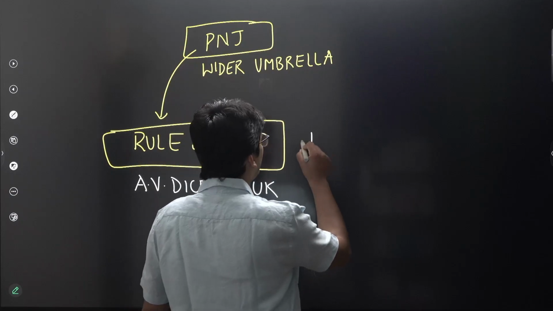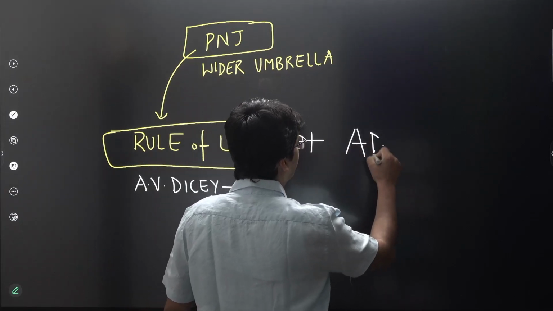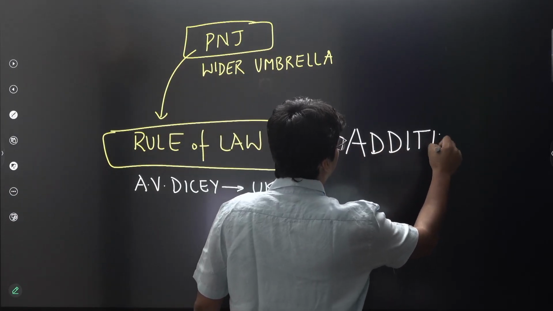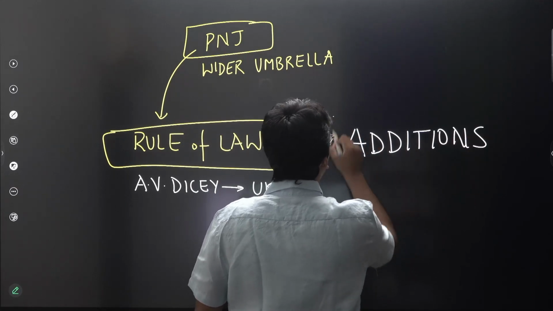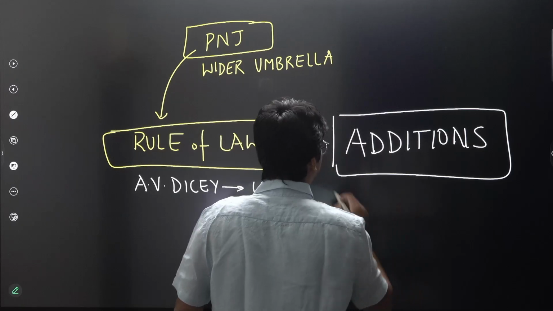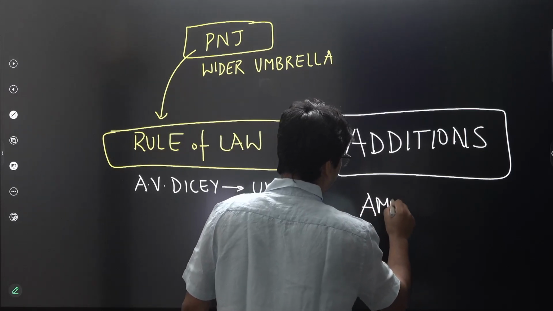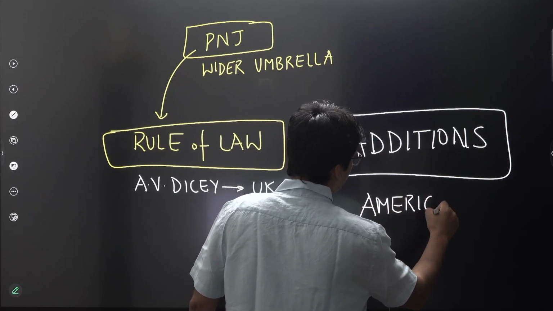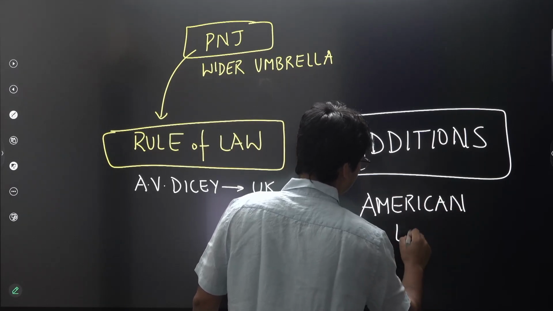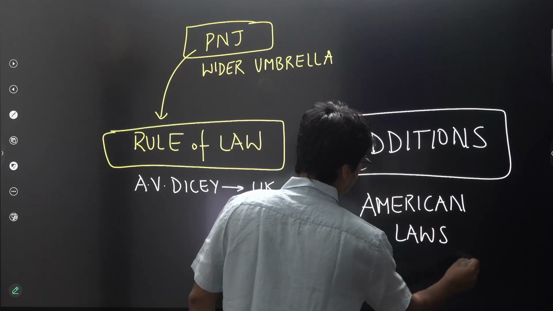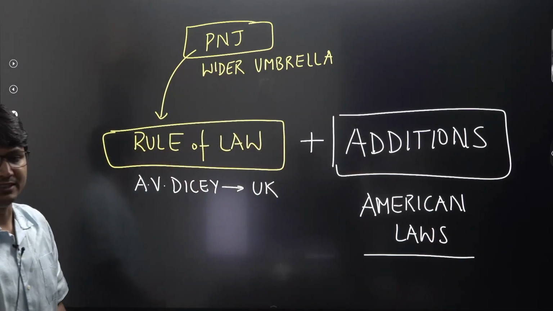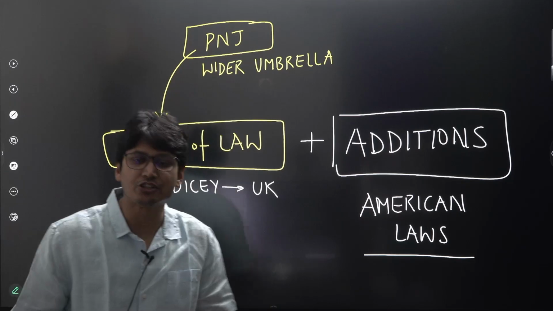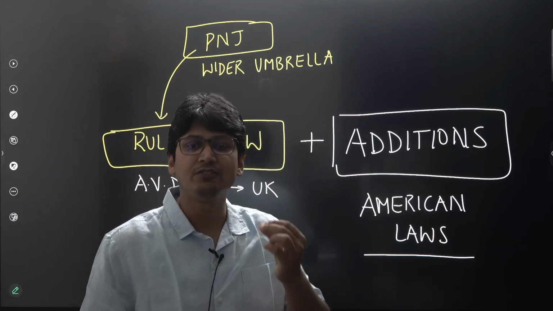So the Indian concept has provided certain additions to the British concept of rule of law, and this addition is based on American jurisprudence or American laws. So whatever addition we have provided is based on the American version of understanding of due process.